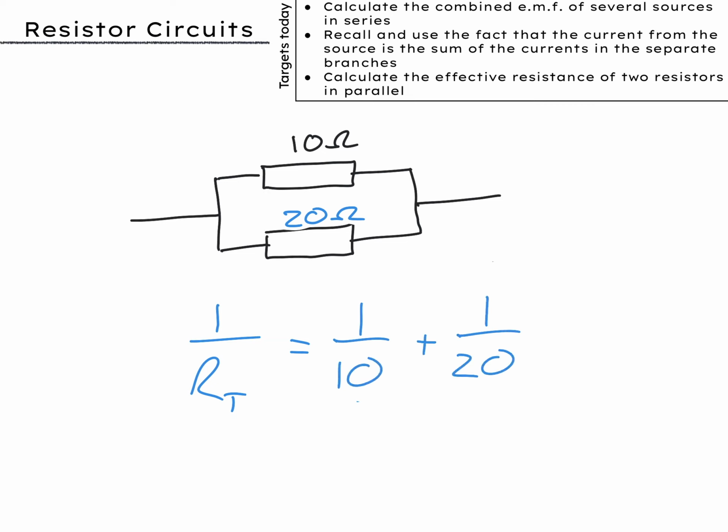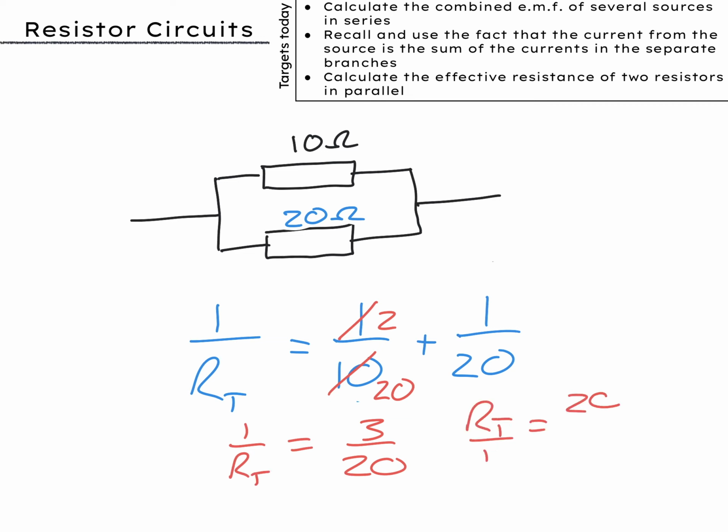Let's double up here to 2 over 20 because that lets us add the fractions together, giving 1 over RT equals 3 over 20. Flip it, RT equals 20 over 3, which equals 6.66666667. And we're going to round it now to 3 significant figures as 6.67 ohms.